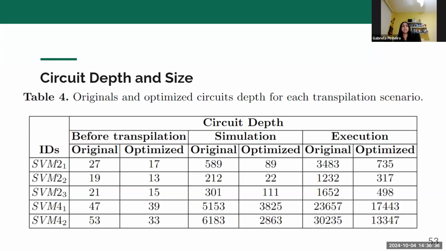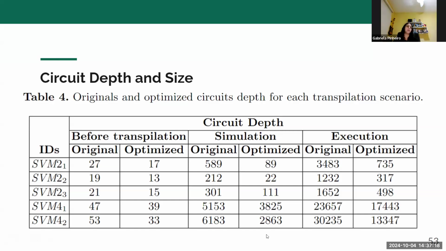This change in depth and size is really important when you consider the transpilation process, because when you first think of it, it looks like you haven't removed a lot of operators from a single reduction. But the circuit needs to be transpiled to be simulated and executed, and the transpilation process is where you take a circuit and translate it to only use a set of operators available on said simulator or real quantum computer, which can be way more impactful.